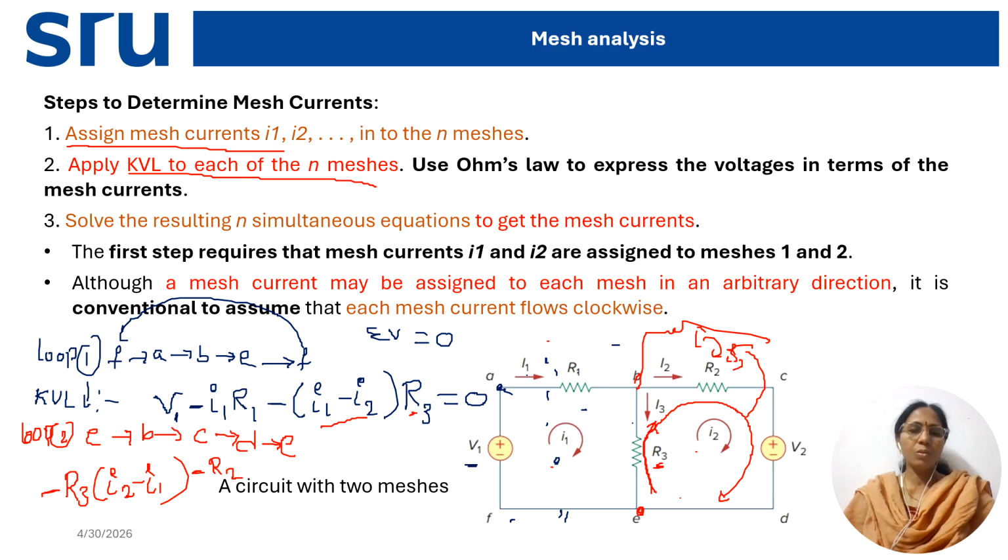There is no other loop outside this element, so the current through R2 is only I2. Then next, what is the element? Voltage. In our direction we are crossing this V2 from plus to minus, that's why it is minus V2 equals 0.